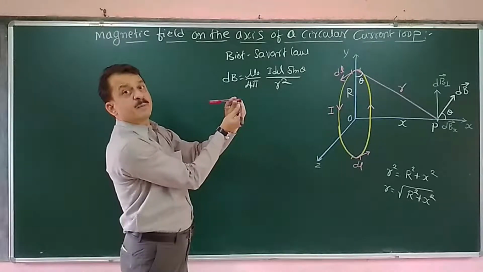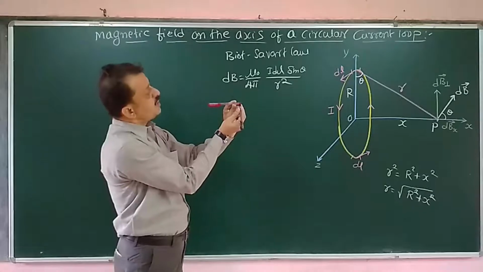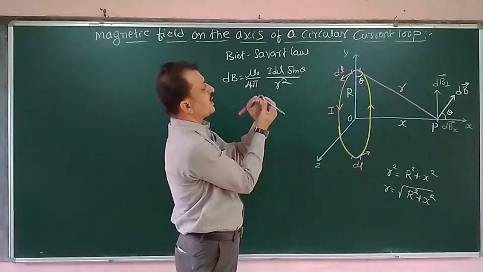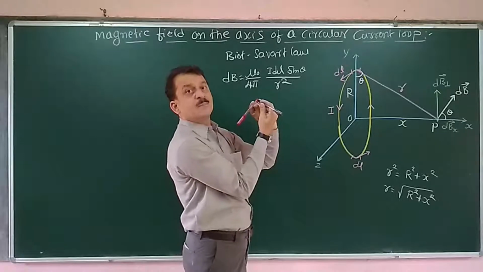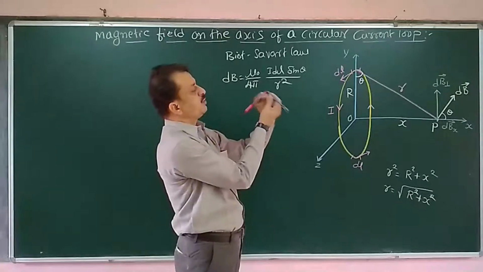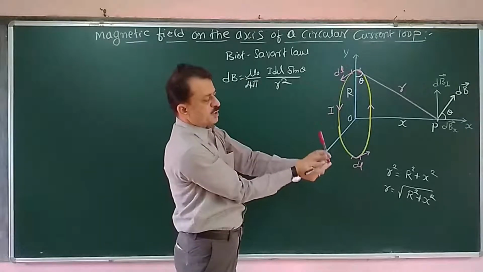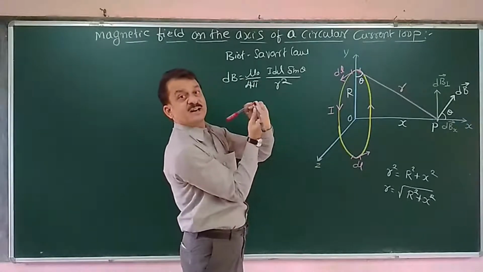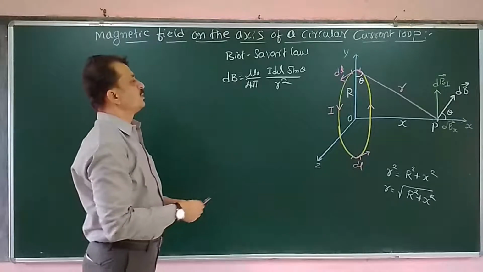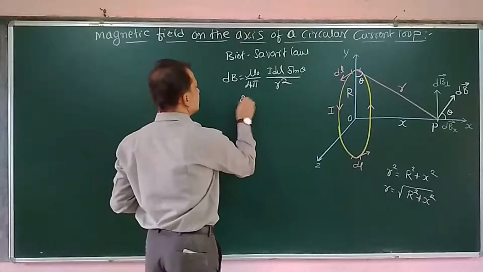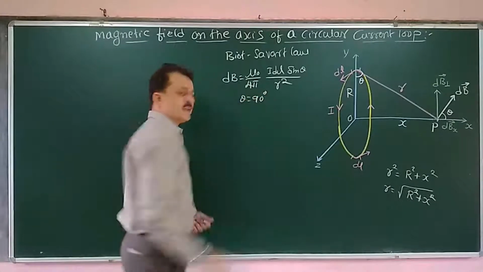They are mutually perpendicular to each other. If you take any current element, it makes an angle of 90 degrees with the position vector of the point P. If you rotate like this anywhere, you will get the same thing. On that concept, sin theta, here theta is equal to 90 degrees.